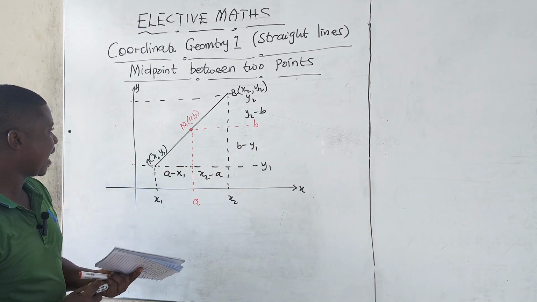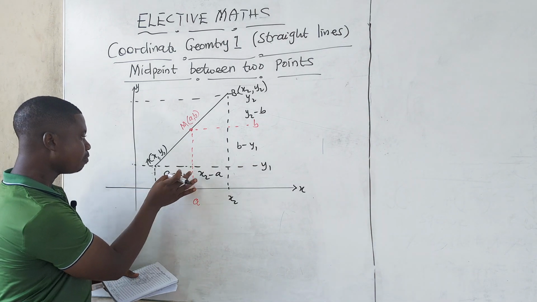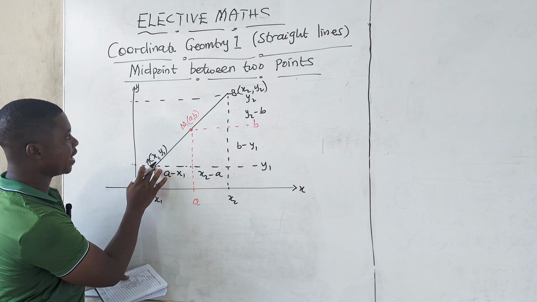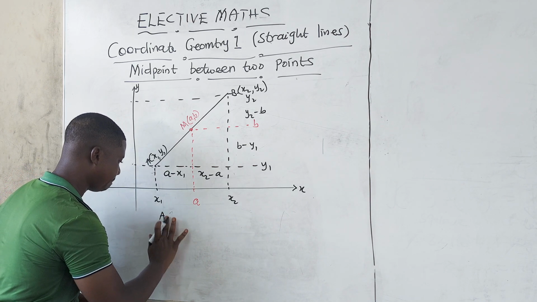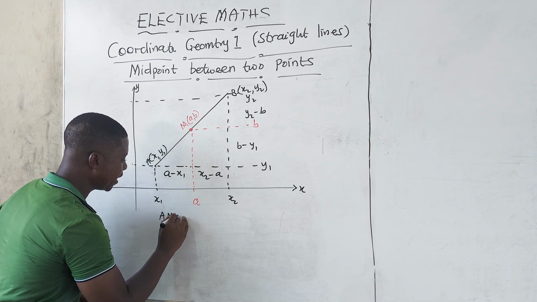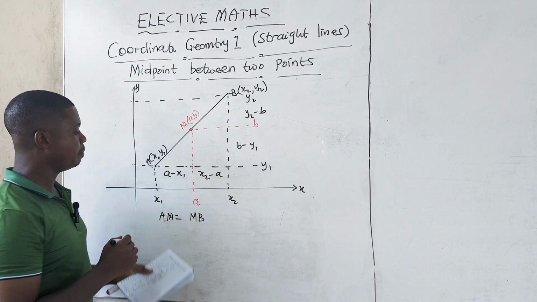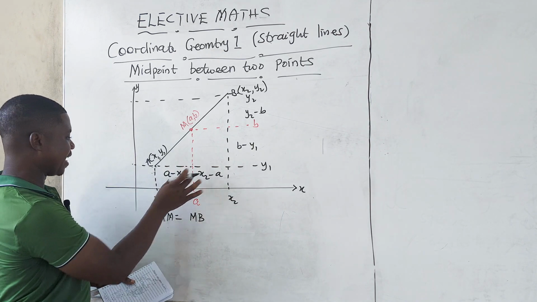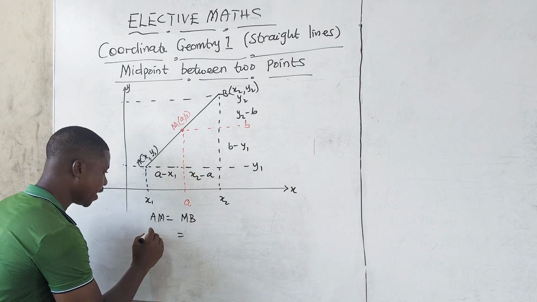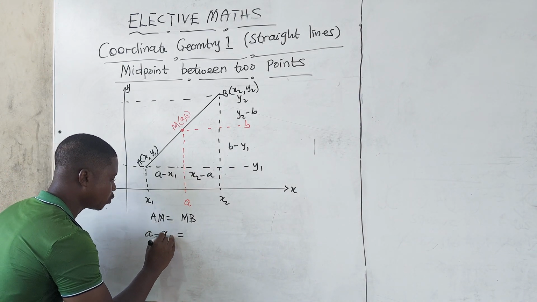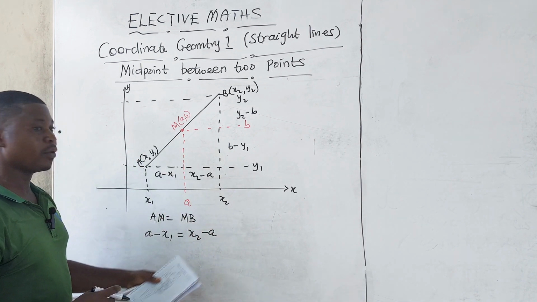So let's consider the x-axis. We realize that AM is equal to MB. So when you consider the x-axis, the distance between those is A minus x1, and this side is x2 minus A. Now we can group our like terms.